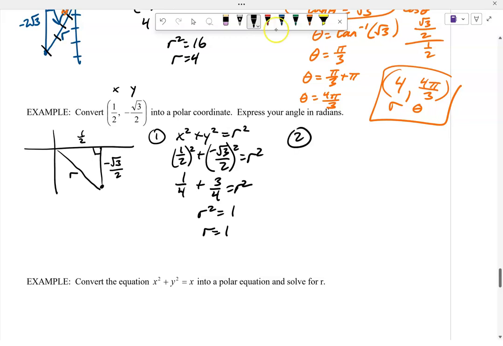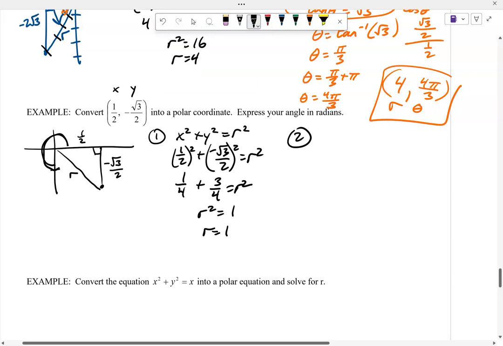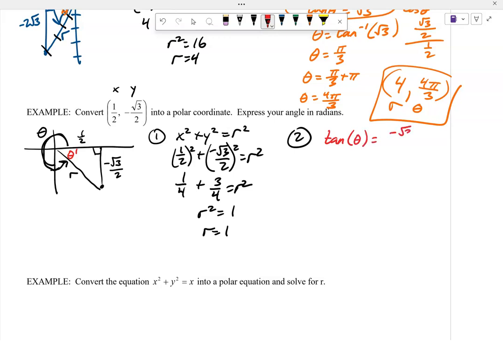Now number 2, I'm trying to find theta, but I'm using theta prime to do that. So tangent of theta using theta prime is opposite over adjacent. So the tangent of theta is negative root 3.